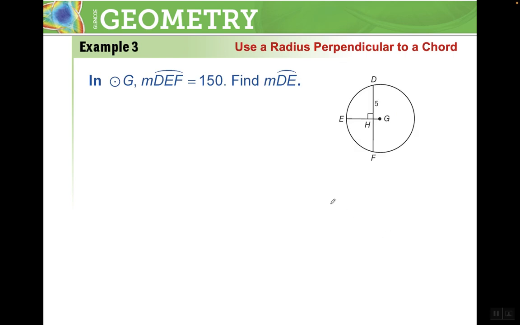So it says in circle G, measure of arc DEF is 150. So this whole big long arc is 150. So you need to find the measure of arc DE. Well, you have a perpendicular bisector in here, so you know that DE is just half of 150, so 75.